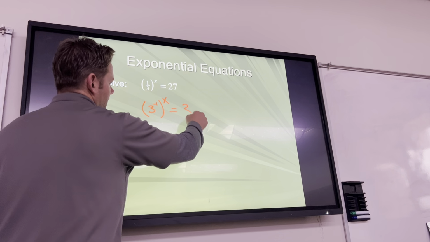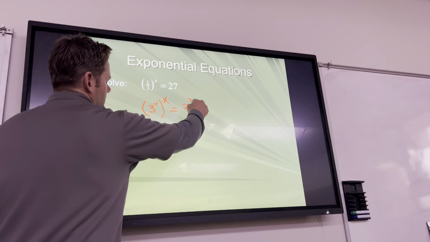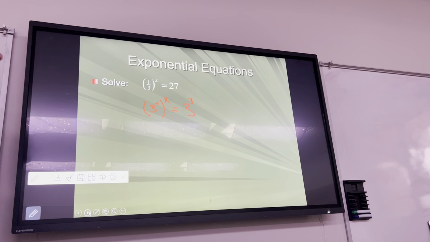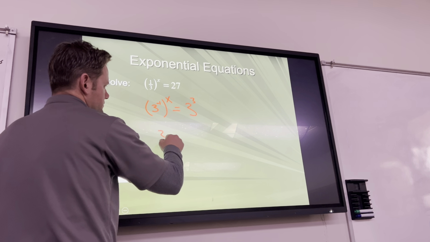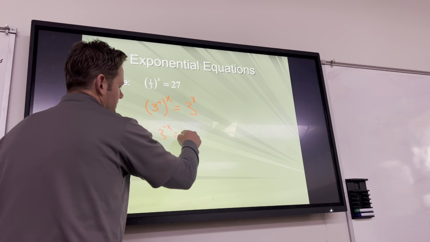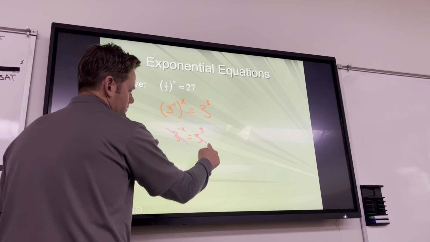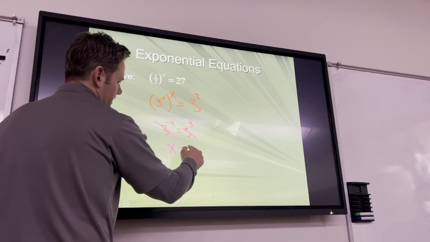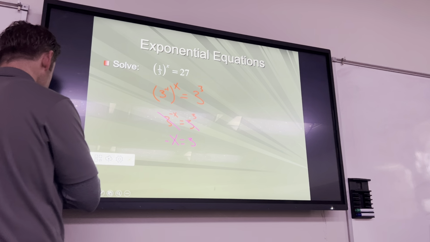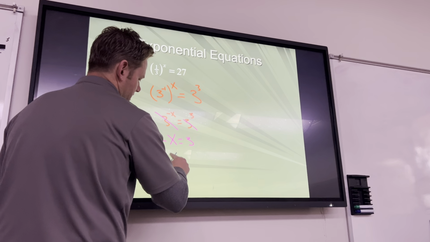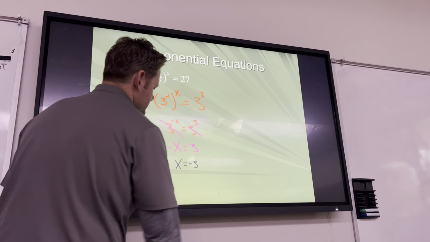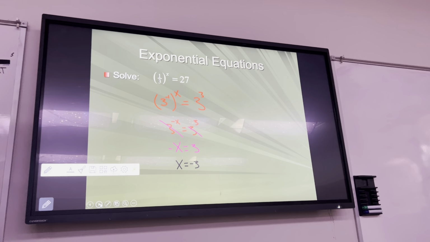I know I can rewrite it as 3 cubed, right? So again, power rule. So this is 3 to the negative x equals 3 cubed. Now they're the same base, so I can drop it. Negative x equals 3. Multiply by negative 1 on each side, and I get x equals negative 3.